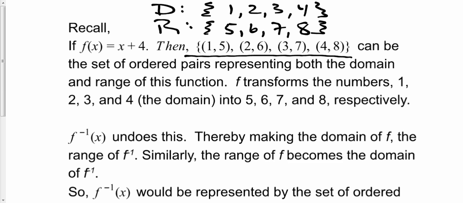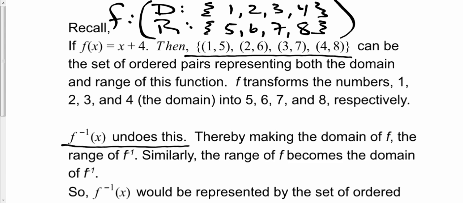Now, if this is f, f is defined as this. It takes 1 and makes it a 5, takes 2, makes it a 6, takes 3, makes it a 7, takes 4, makes it an 8. The inverse of f undoes this. It takes the range of f and sends it back to the domain of f.